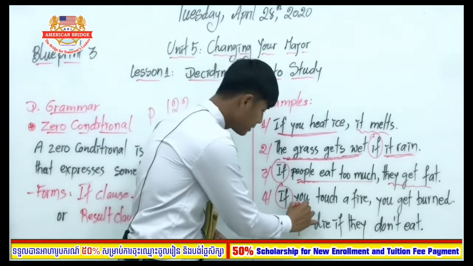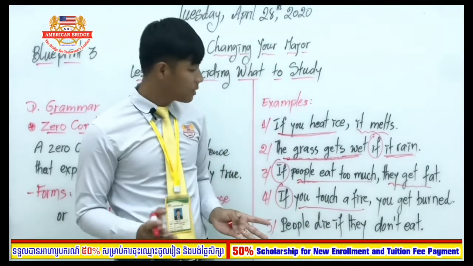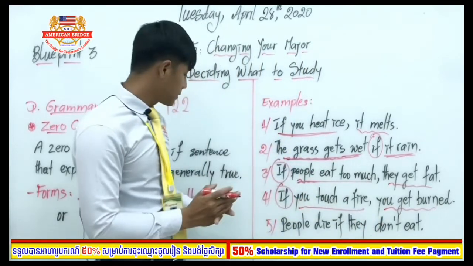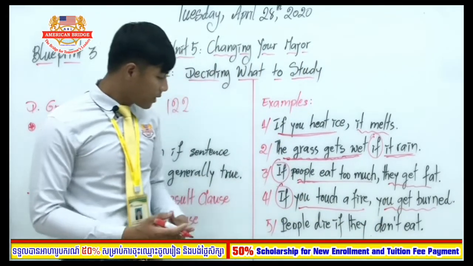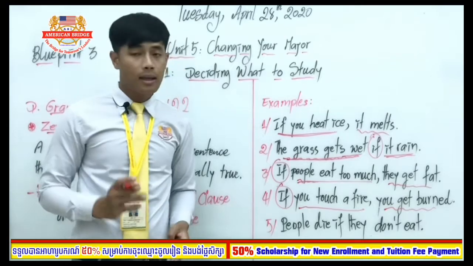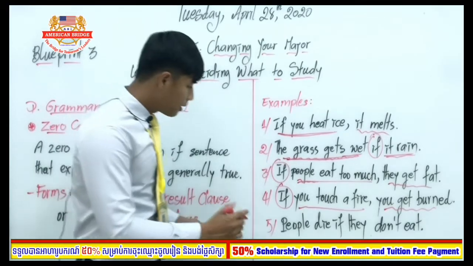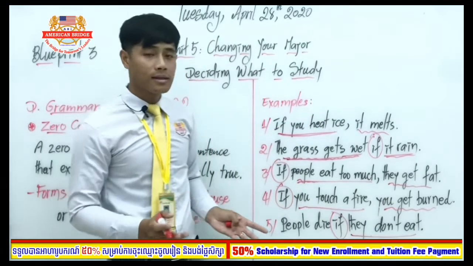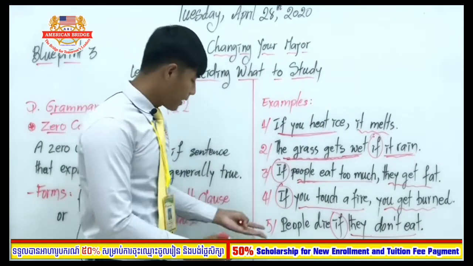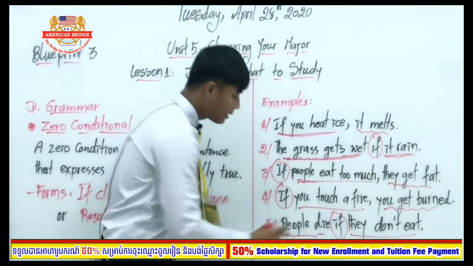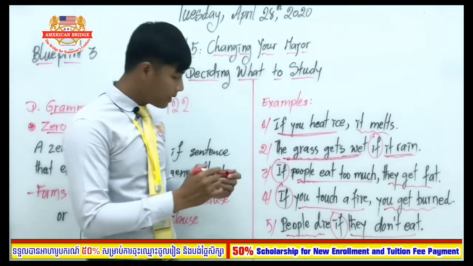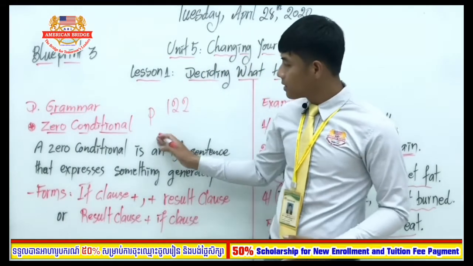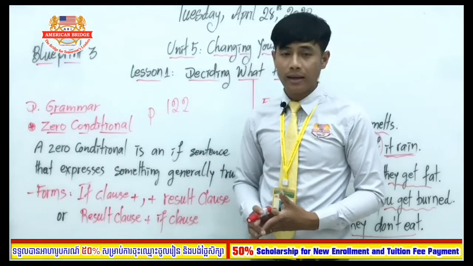So it is the if clause, and this one is the result clause. Last but not least, people die if they don't eat. You see if here, right? So this one is the if clause and this one is the result clause. Okay, good.